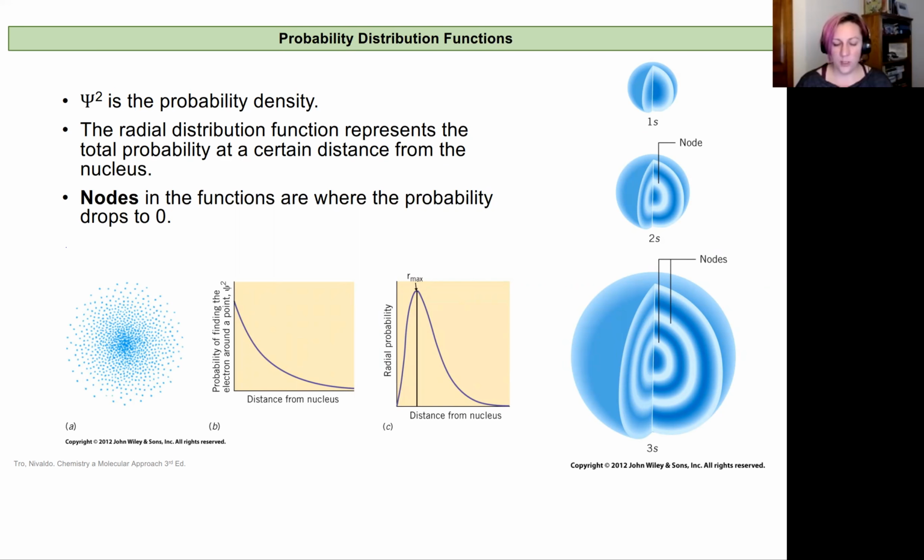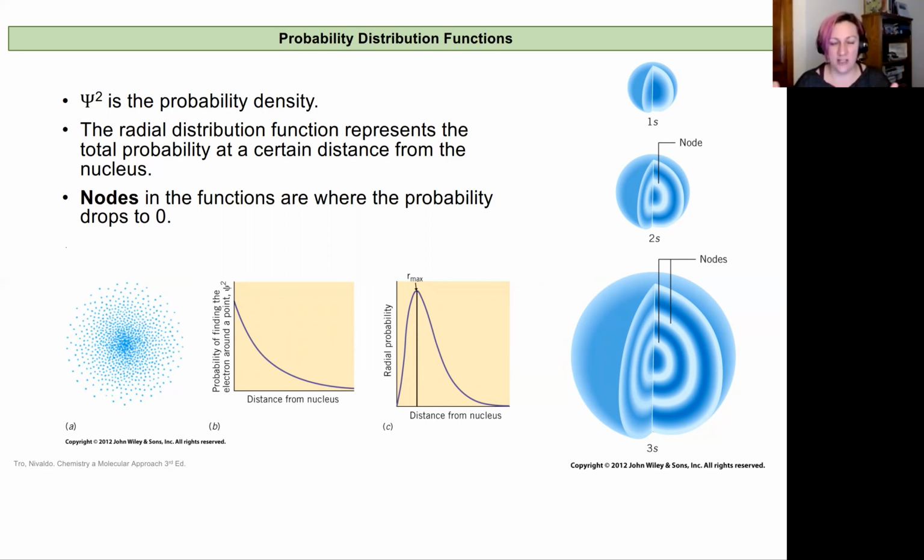When we are talking about an orbital, we are talking about the space an electron is likely to be near the nucleus. And so that shape of space that it might be in will change with its different quantum numbers. As that n level quantum number increases, it changes the shape of the space that electron might be in.